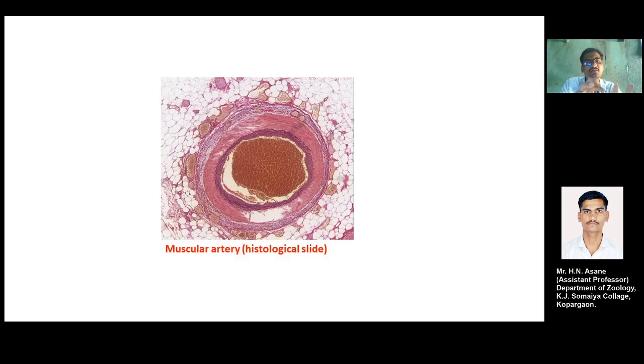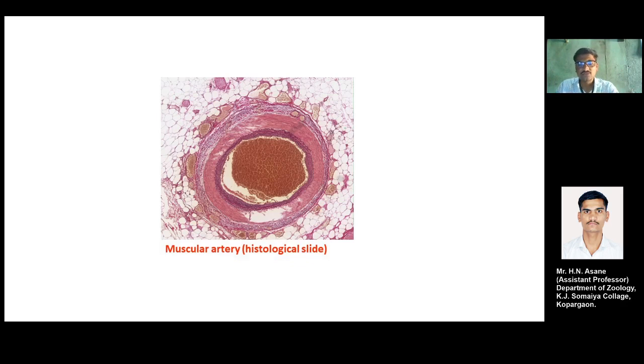This adventitia layer also has a quite thick muscle layer, and they have a combination of elastic cells and fibroblast cells, and that whole composition provides them the elasticity. Okay, in a rigid surrounding.